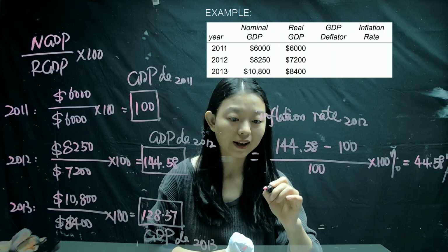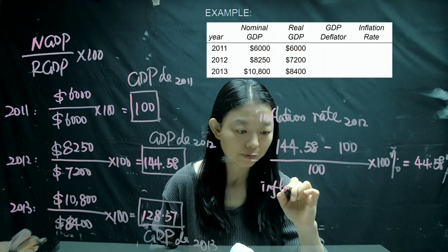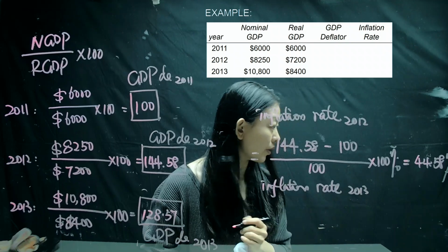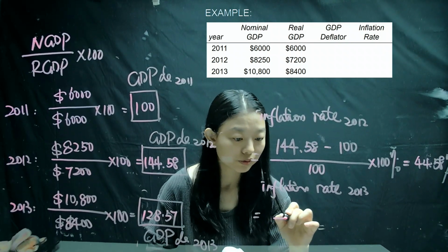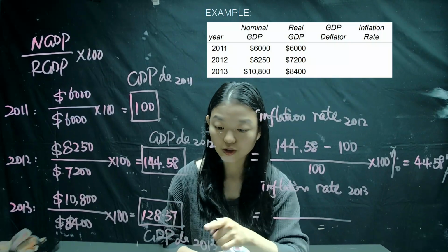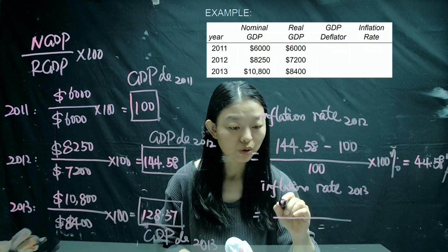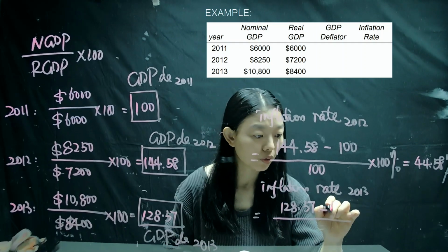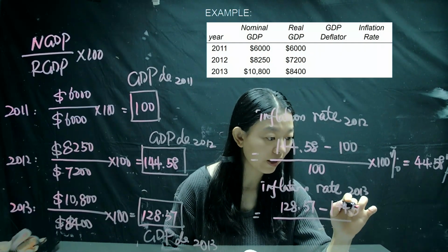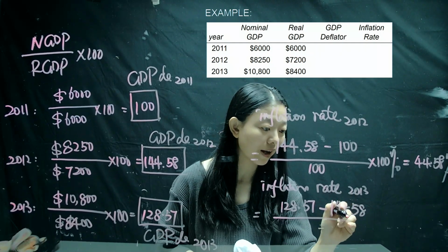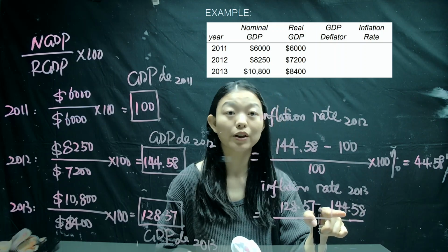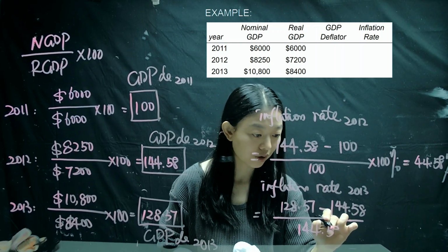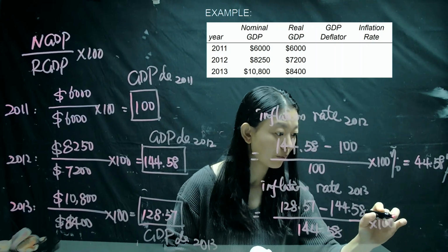Similarly, we can get the inflation rate in 2013, which will equal the GDP deflator in 2013, 128.57, subtract 144.58, the GDP deflator in 2012, divide by the GDP deflator in 2012, and then times 100%.